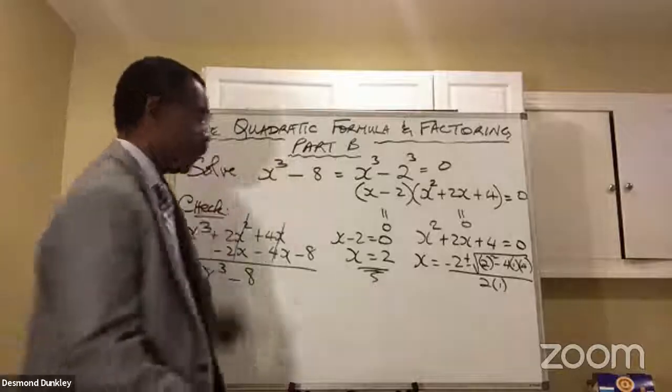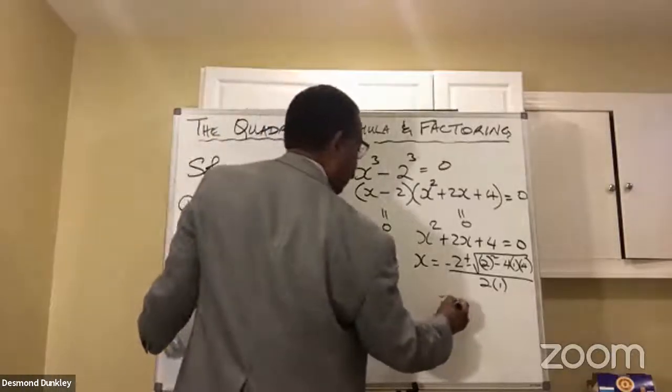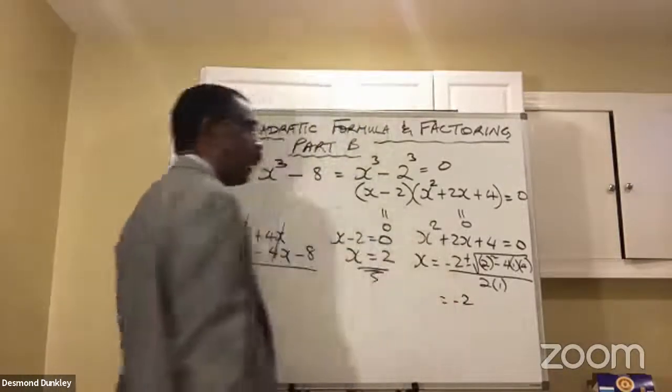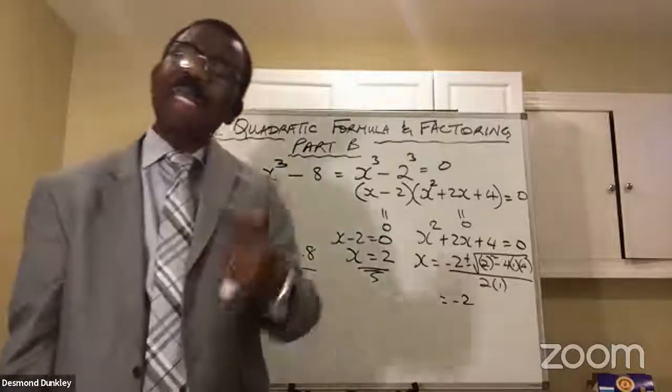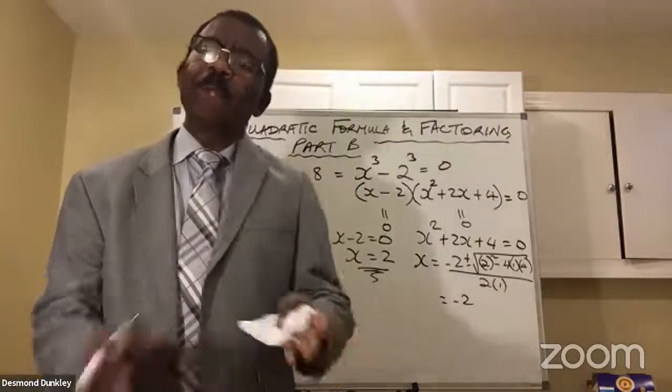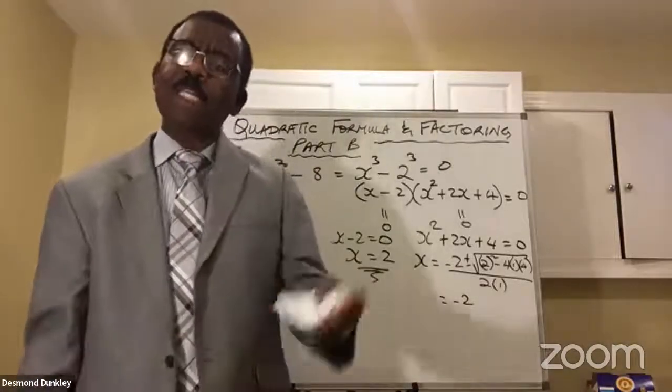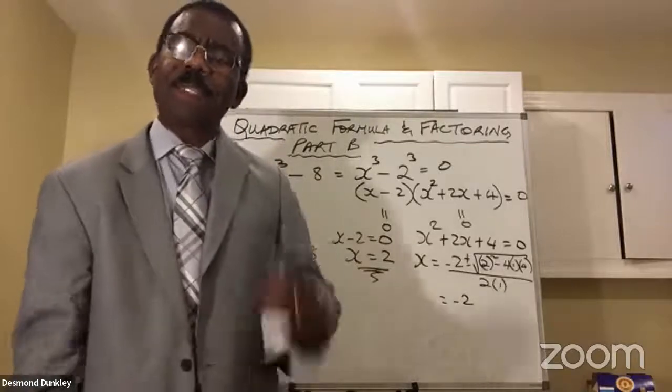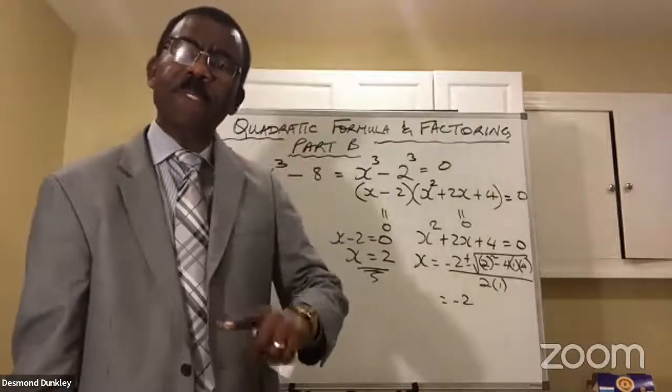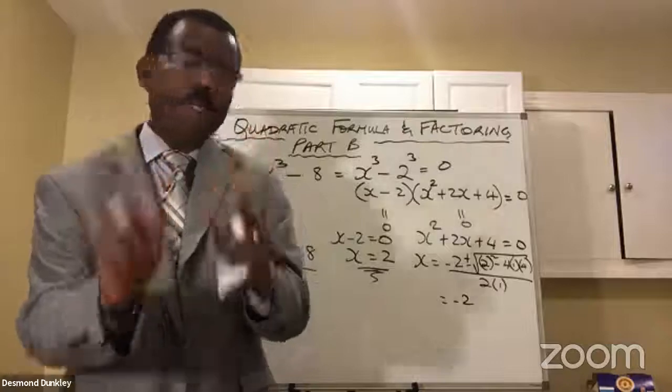Okay? And that is going to give you minus 2. And this is going to get you into an area of math that we're not studying right now. It's called imaginary numbers, which is not going to be covered today.